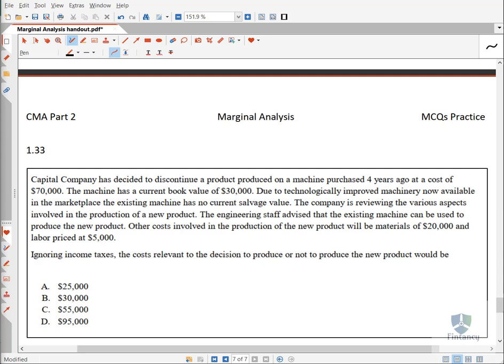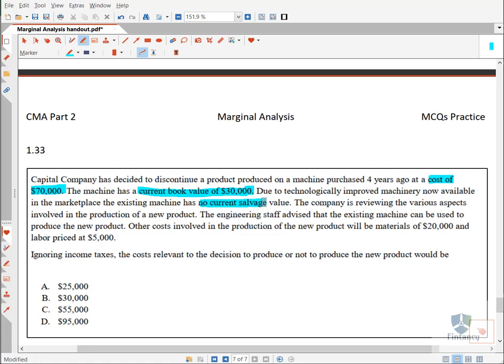Question 1.33. Ignoring income taxes, the cost relevant to the decision to produce or not to produce the new product would be. Capital company has decided to discontinue a product produced on a machine purchased 4 years ago at a cost of $70,000. The machine has a current book value of $30,000. Due to technically improved machinery now available in the market, the existing machine has no current salvage value.